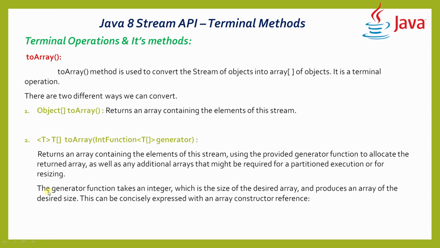In general terms, the generator function takes the input integer, which is the size of the array, and produces an array of the desired size. This can be concisely expressed with an array constructor reference or a lambda expression. We can use either one. We will see how to use the constructor reference and the lambda expression with a set of examples.